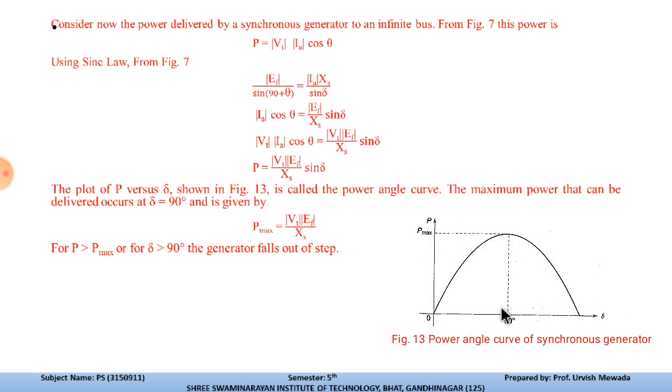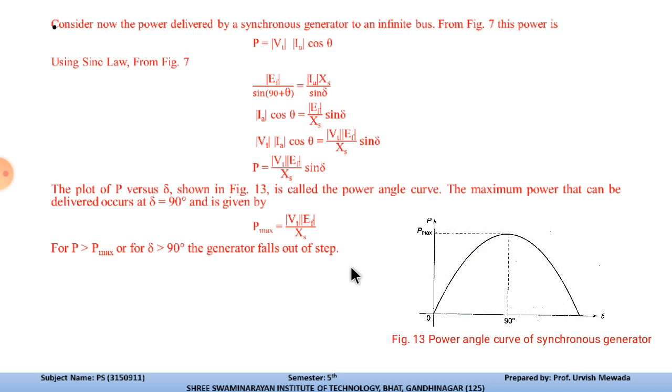The maximum power that can be delivered occurs at delta equal to 90. So this is the condition at which we get the maximum power. P max is equal to Vt EF by Xs. For P greater than P max, or delta greater than 90, the generator falls out of step.